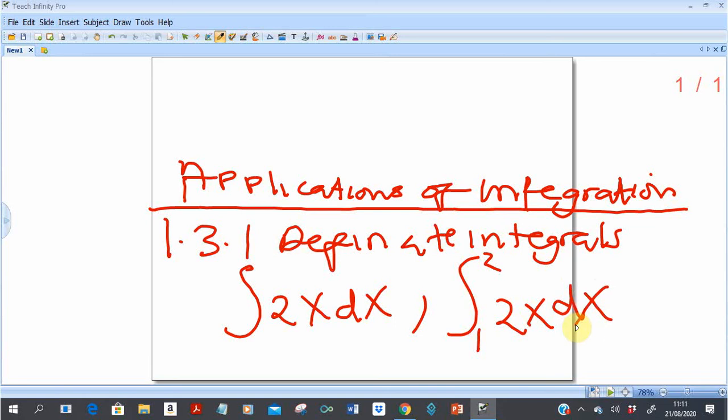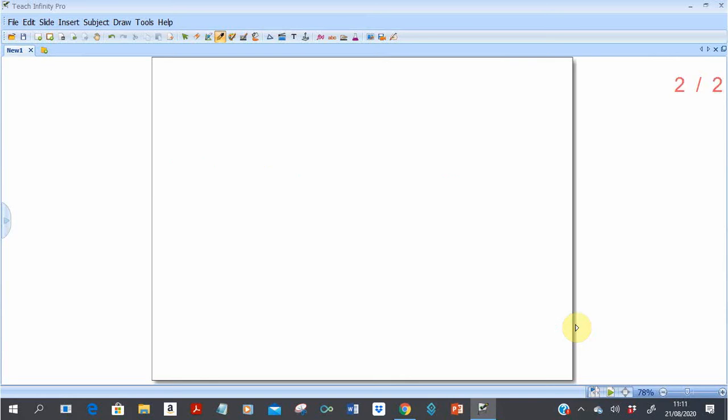So if we have such a case, then this is known as a definite integral. So how do we solve definite integrals? The difference with how you solve definite integrals just comes in after you have integrated. Let's have an example.